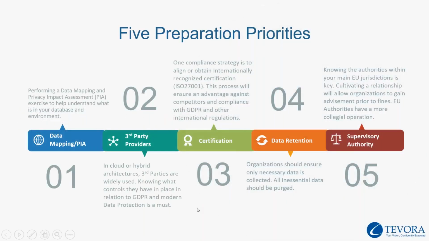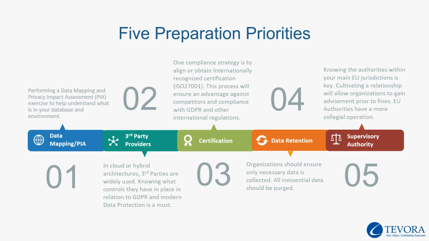Okay. For everyone who joined us for the first webinar, you will remember this slide, but for those who haven't, we want to reiterate it. We've highlighted 5 key priorities for preparation towards the May 2018 deadline.